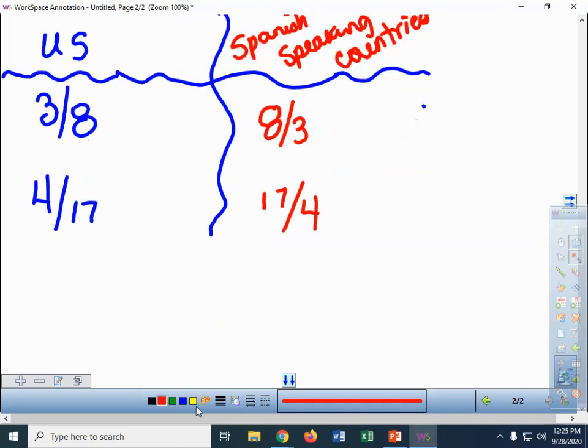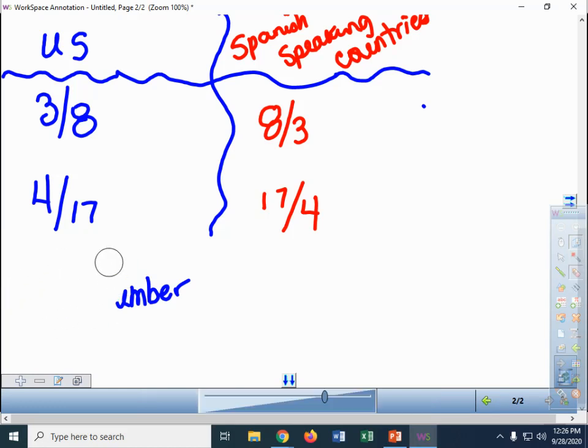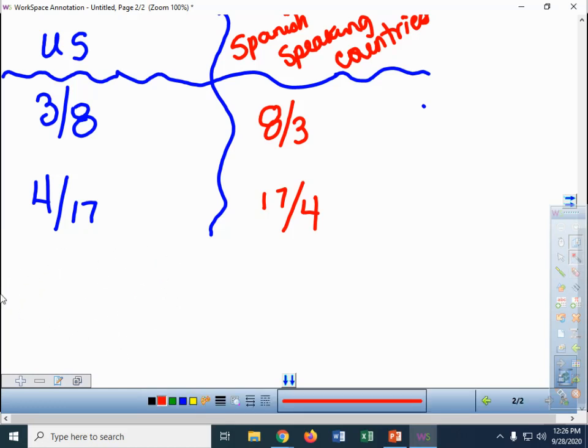So in the US, first comes the month, then comes the number. We're going to put number. And in Spanish-speaking countries, Europe as well, here we are going to write month.